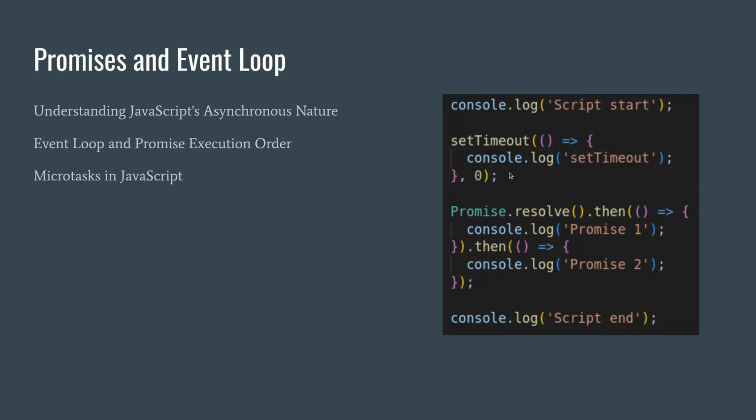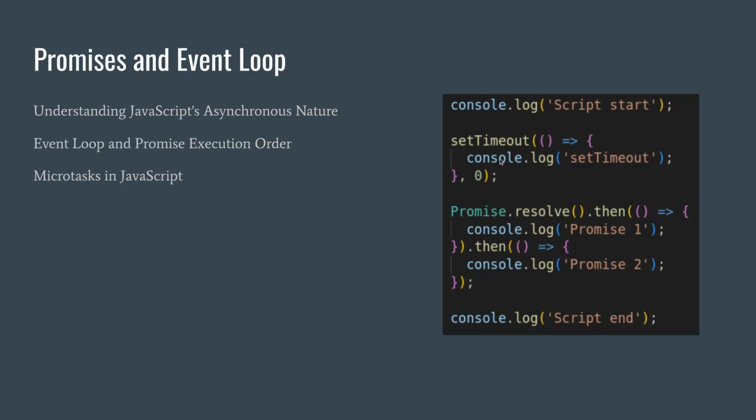Although set timeout has a delay of 0, it's executed after the promises. The reason why is because promise callbacks have priority over callback queue tasks like set timeout.